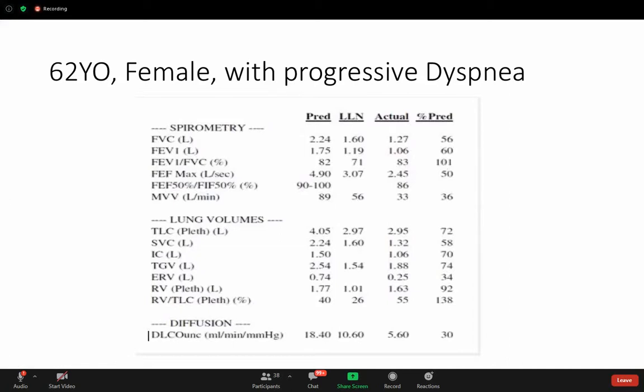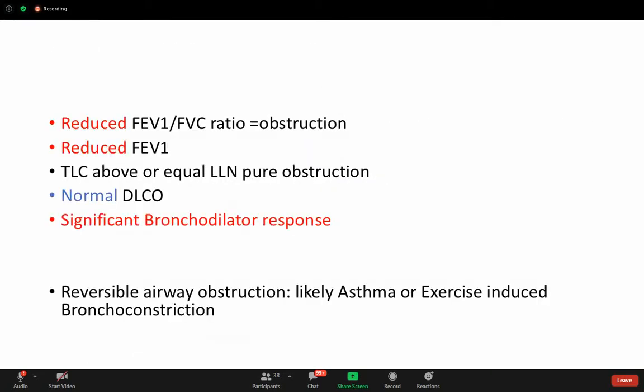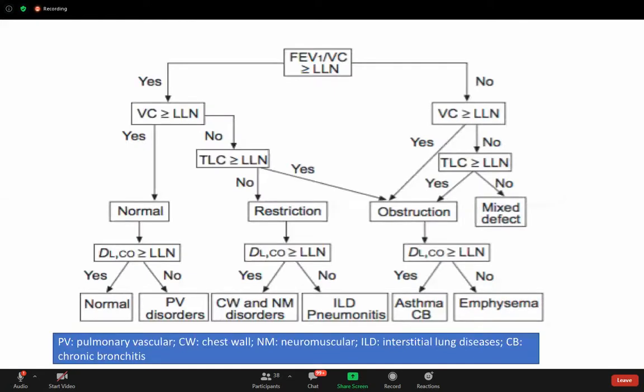Is it normal or abnormal? Okay, so it's normal. Okay, so this is unlikely to be obstructive. Maybe it's normal, maybe it's restrictive. Okay, so what's next? Okay, we'll go back. What's next, guys?